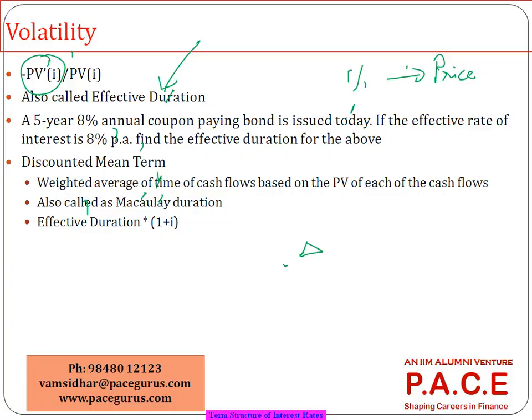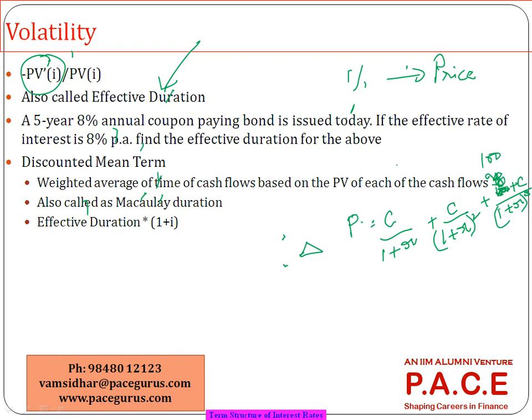Typically, if we look at what is the formula which we are going with, finding out the price. If I am talking about a price for that example we have done, it is probably C by 1 plus R, which is the coupon, C by 1 plus R squared, plus 100 plus C by 1 plus R cube, where 100 is the principal, whatever is the face value.